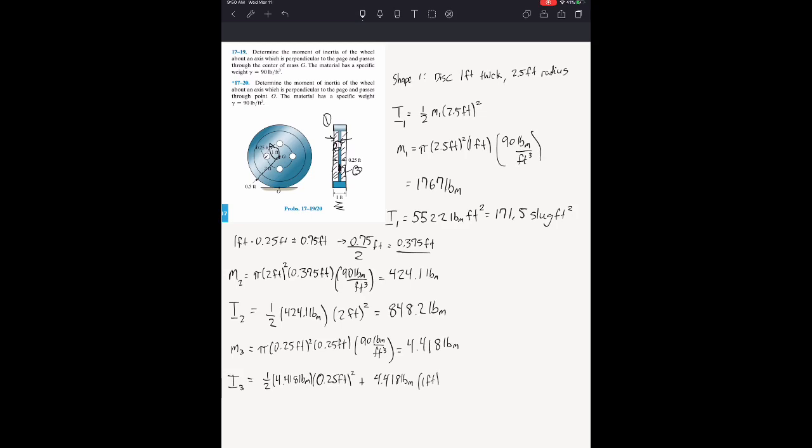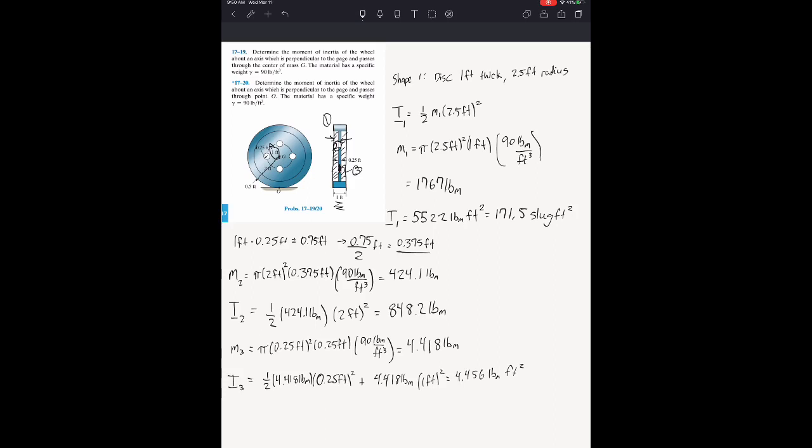So 1 foot squared. If I calculate that out, 1/2 times 4.418 times 0.25 squared plus 4.418 times 1 squared is equal to 4.456 pounds mass feet squared.